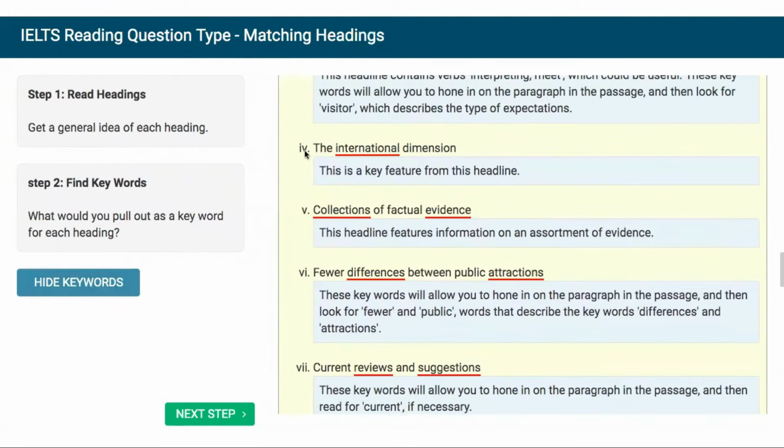It's really interesting to look at number 4 because some people might say international is an adjective and describes dimension, and that is the case. But since it's such a short sentence, it's important to pull out this key feature from the headline. This is the key feature. We see that it's a dimension, but international is more of an important word.